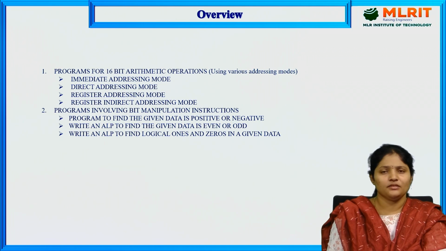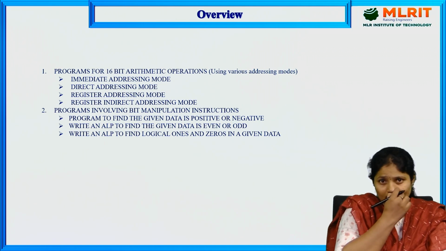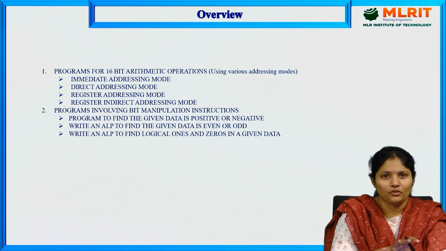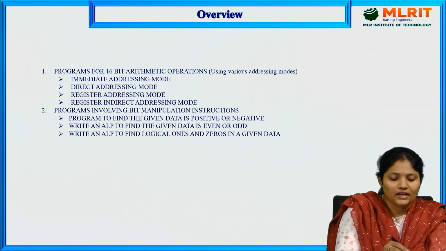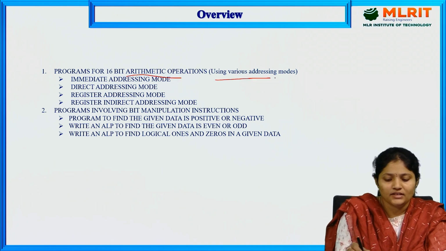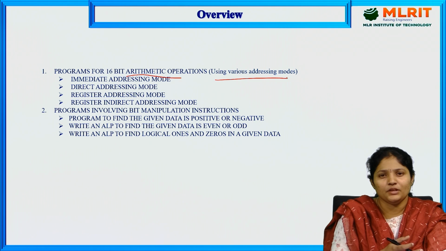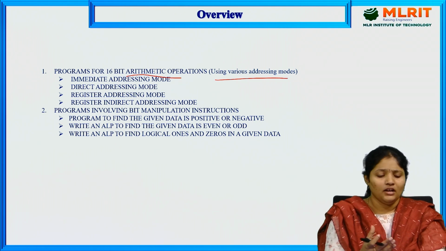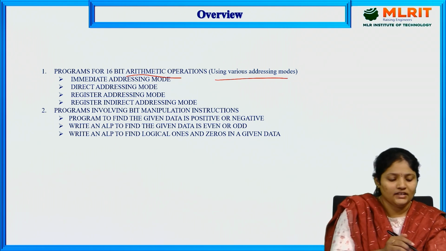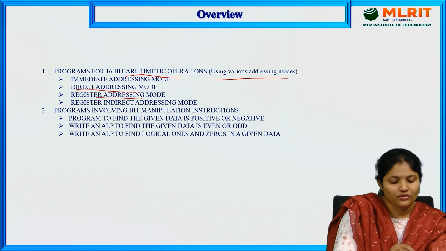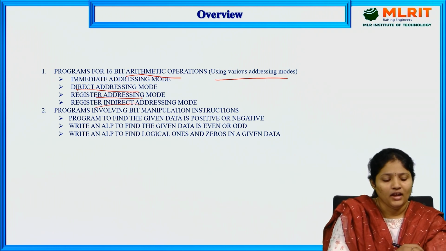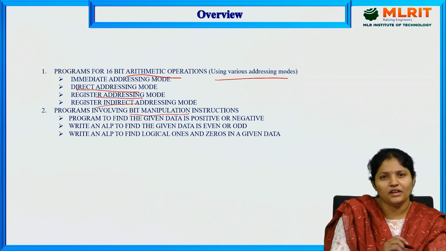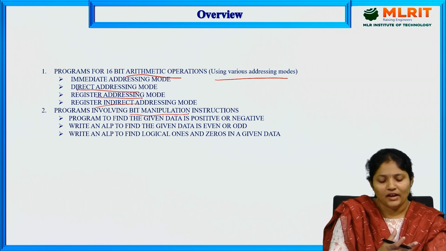Coming to today's concept, here I will explain two main programs in arithmetical operations using various addressing modes like immediate addressing mode, direct addressing mode, register addressing mode, register indirect addressing mode, and the programs which involve bit manipulations, how to manipulate bits to write a program.